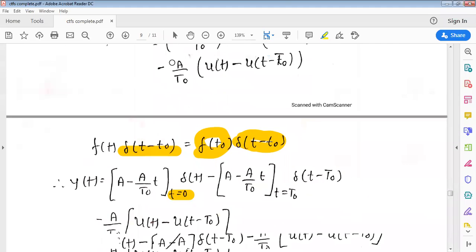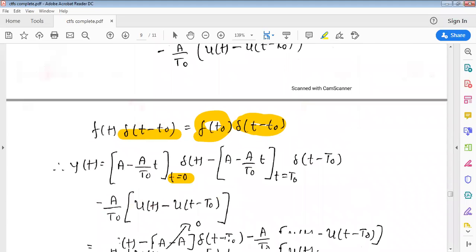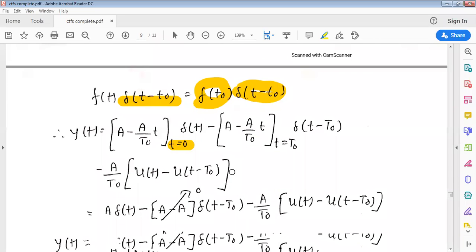And the other value, A minus A by t naught into u of t minus t naught, is as it is. Once you do this one, put t equal to 0 in this equation. When you put t equal to 0 here, it will get you A, and this value will become simply 0 into delta of t. Now here, when t equal to t naught, this function will completely get cancelled. I have A minus A into delta of t minus t naught, and the second function will remain unchanged.